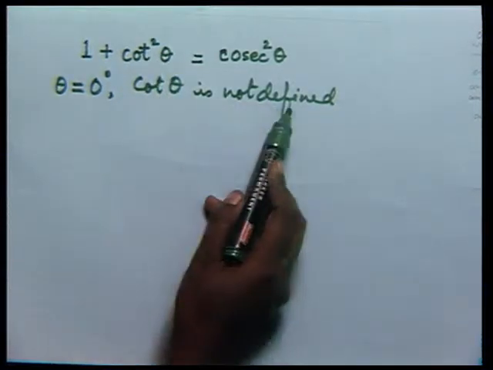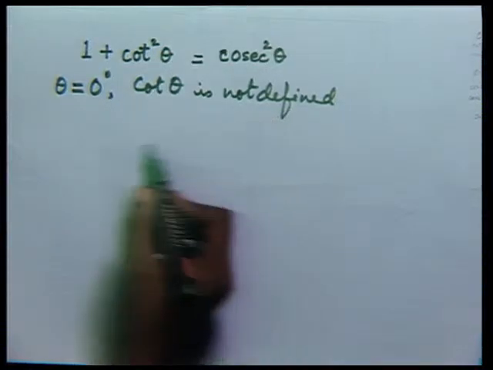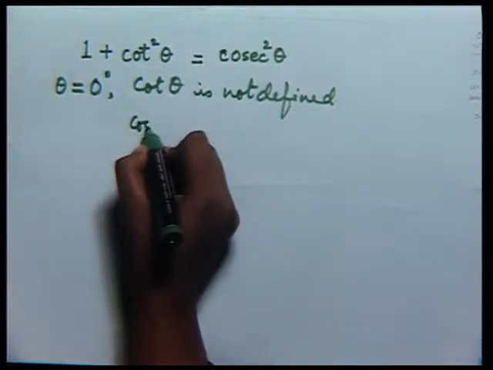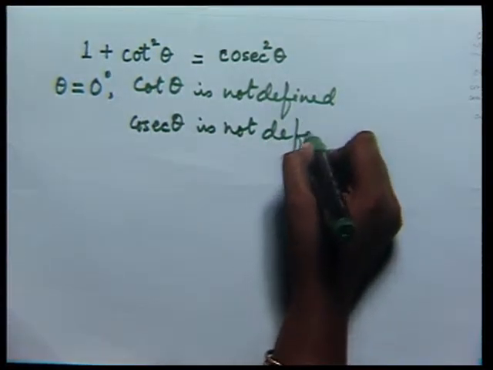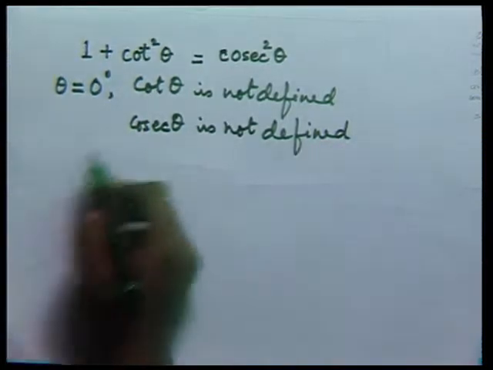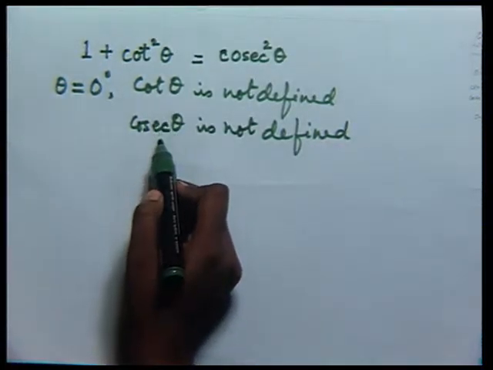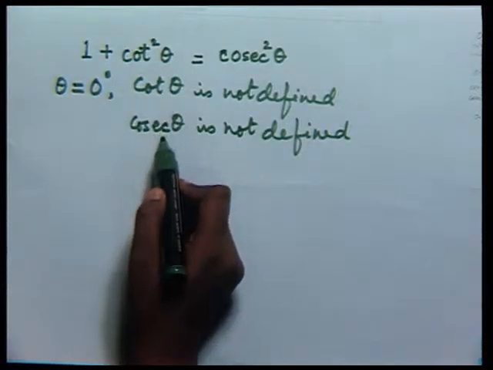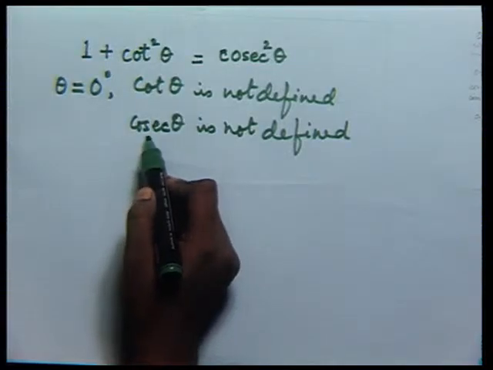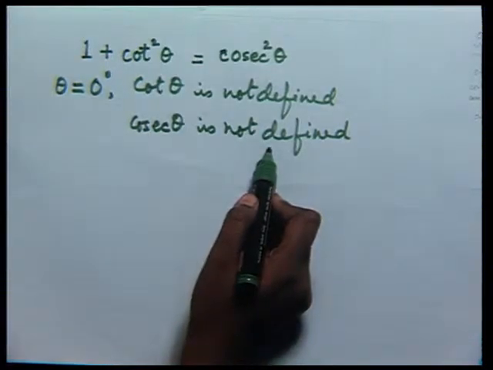So, 1 upon 0 cannot be defined. Similarly, cosec theta is again not defined because cosec theta is 1 upon sin theta. For theta equal to 0, it becomes 1 upon sin 0 and sin 0 is equal to 0. Therefore, 1 upon 0 is not defined.